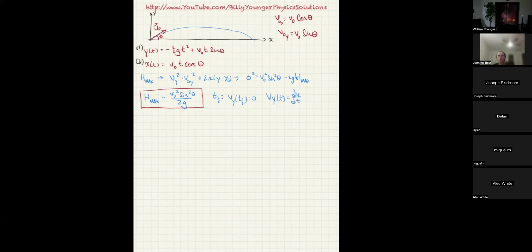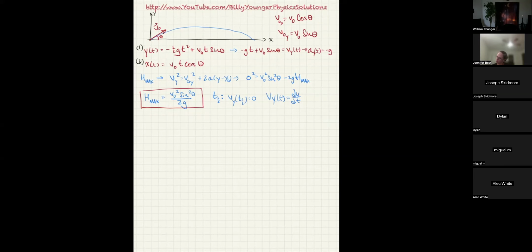So I can now say that from this, I get negative gt plus v0 sine theta is equal to vy of t. And then I could even go a little further by taking another derivative and see that a sub y of t is just negative g. So that's some extra stuff we can use.